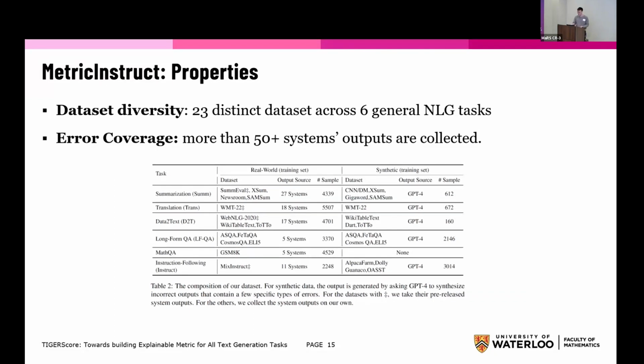That means we have more than 50 systems in total for these inputs. Different systems might embody different abilities, right? They might make errors of different types. So that's why we think that error coverage is very diverse.